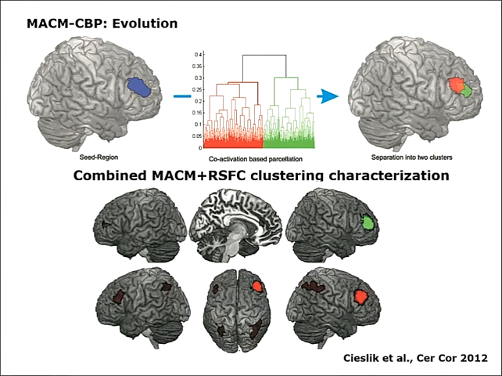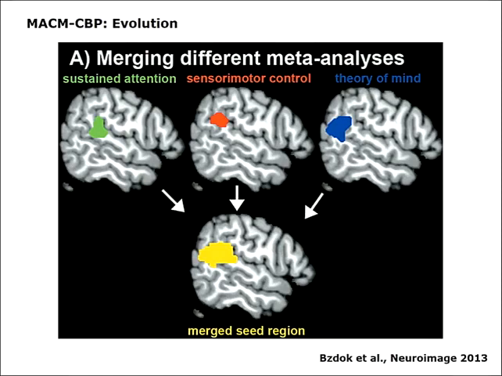You can also compare across modalities, the task-dependent and the task-free type of functional connectivity, to ask, does it really agree, the boundaries that I get, but also the connectivity to the rest of the brain in the two modalities.